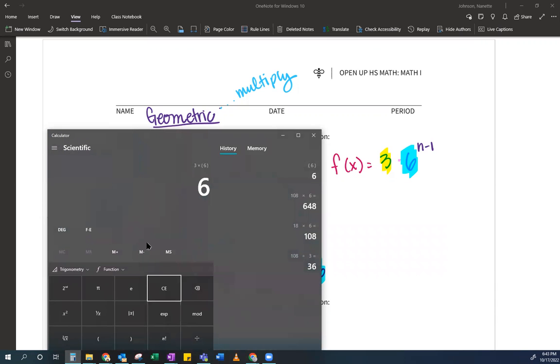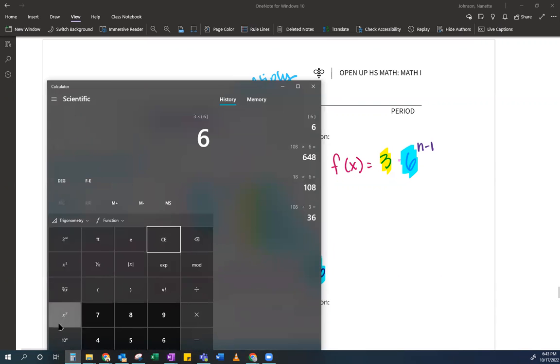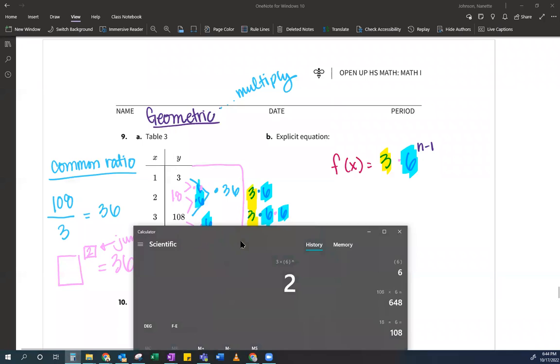Now to the, this button here on my calculator, to the. And then I'm going to do the 3 minus 1, I know is 2. And I'm really hoping that as I've plugged in 3, I'm going to get out this 108. Okay. So then I hit equals and I get 108.